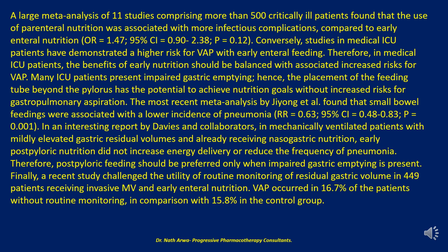The most recent meta-analysis by Jeong and colleagues found that small bowel feedings were associated with a lower incidence of pneumonia, R equal to 0.63, with a 95% confidence interval equal to 0.48 to 0.83, with a p-value equal to 0.001.